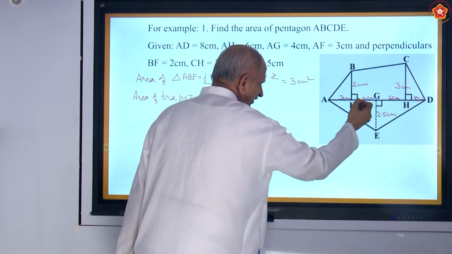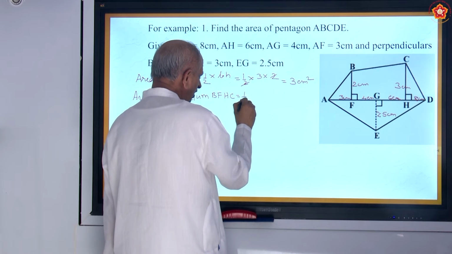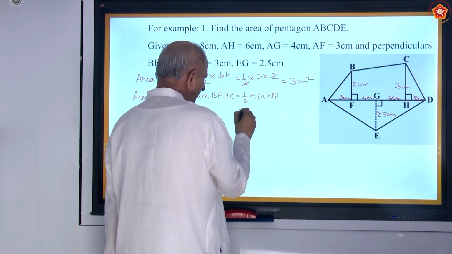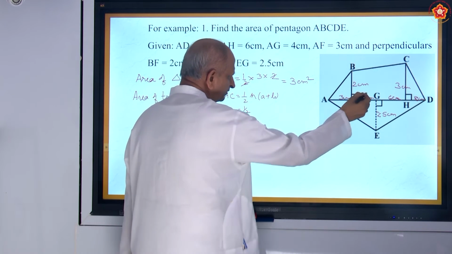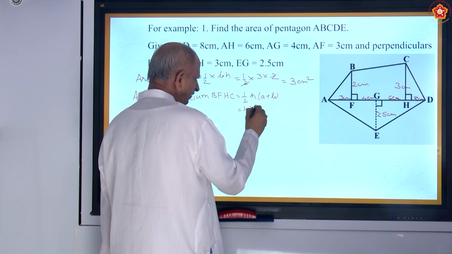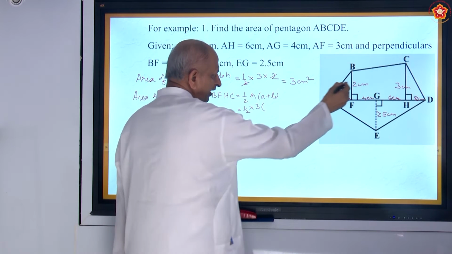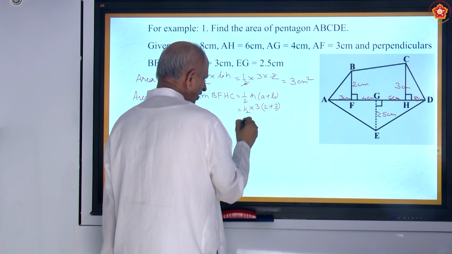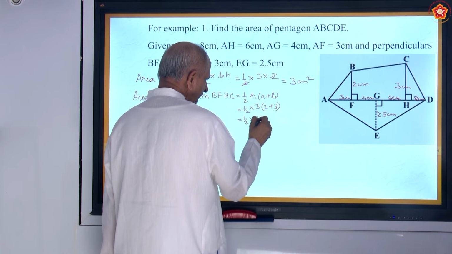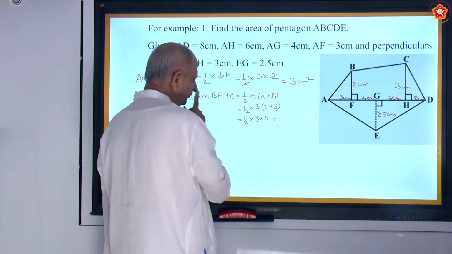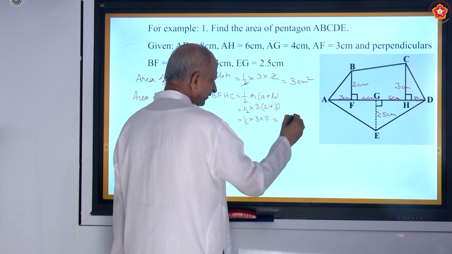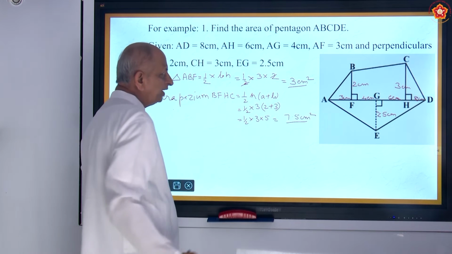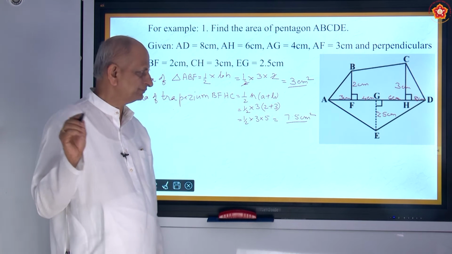Up to here it is 6, right? Up to here it is 3. So H means 6 minus 3, that is 3. A plus B, this is A, this is B. So 2 plus 3. So half of 3 into 5, that is 15 by 2, 7.5 square centimeters. So this is not about land. It's only a figure. That's all.